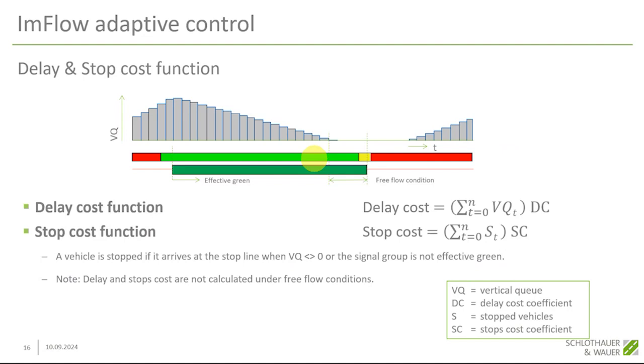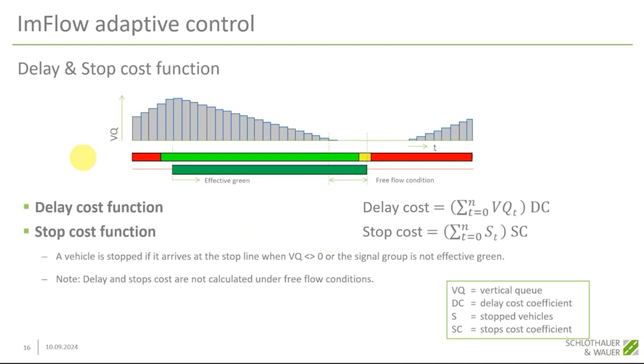And then we also add a certain stop cost. So whenever a car or a vehicle is stopped, this also leads to a certain cost that does not only represent the time that you're stopping and the time that you need, but also reflects the cost for the acceleration and braking, the energy loss that is produced by that.